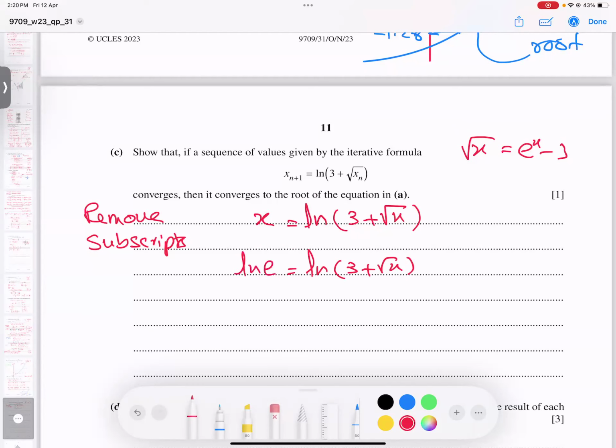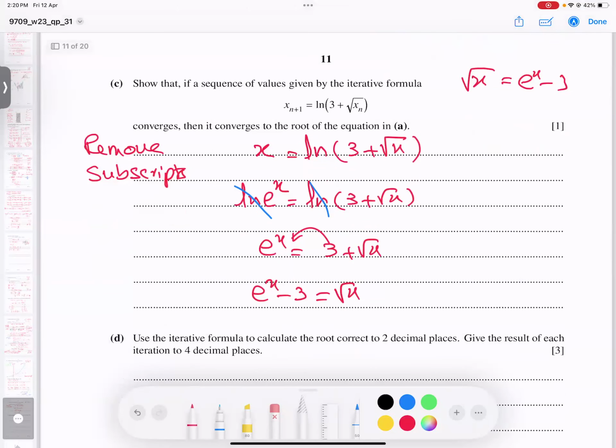So I will get ln e to the power x, and I will cancel the log on both sides. So I get e to the power x is 3 plus root of x, and 3 will go to the other side, and I will get e to the power x minus 3 equal to root x. So we can write a statement here. Yes, now it is done.